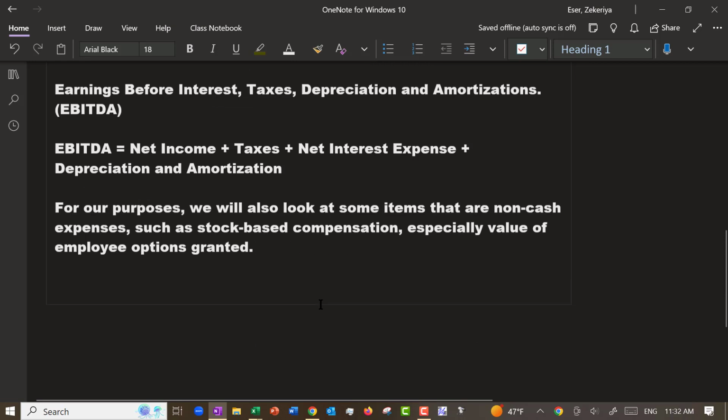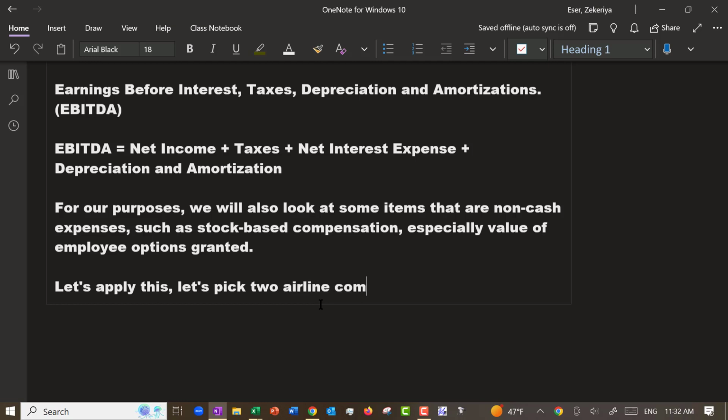So let's apply this. Let's pick two airline companies. I'm going to pick Southwest and let's see, American Airlines.